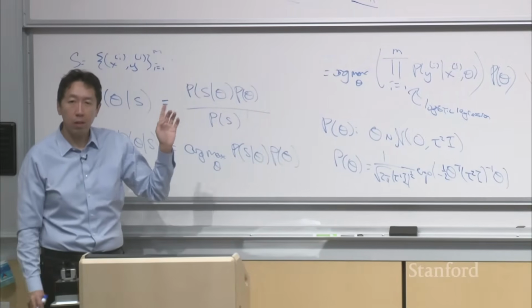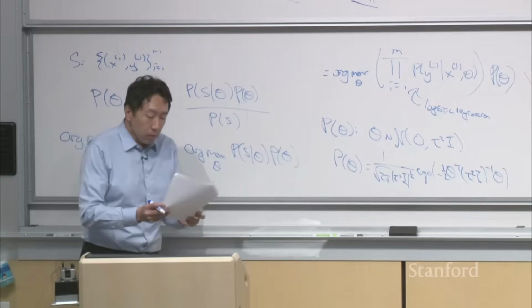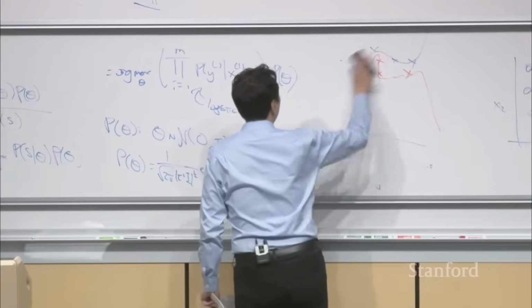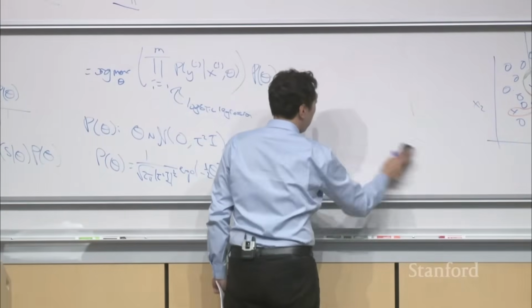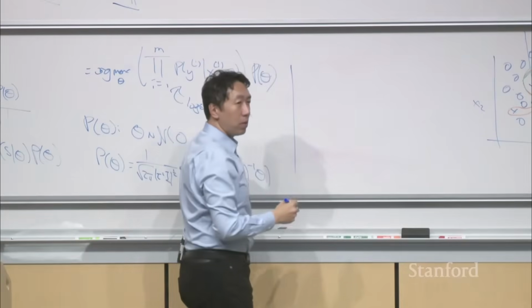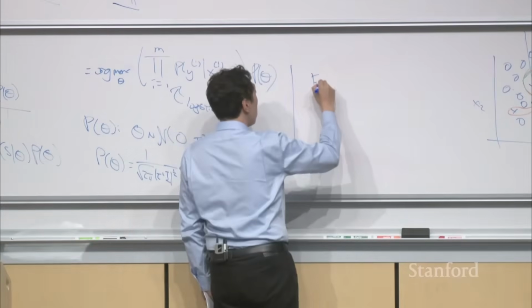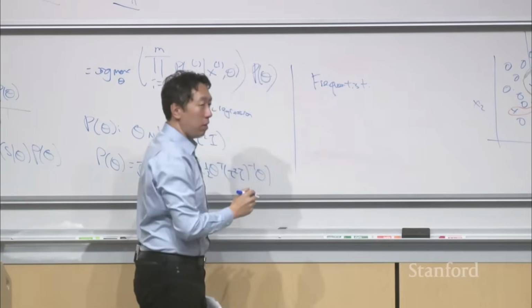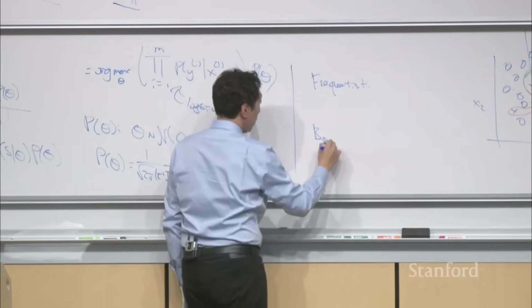In everything we've been doing so far, we've been taking a frequentist interpretation. The two main schools of statistics are the frequentist school and the Bayesian school.